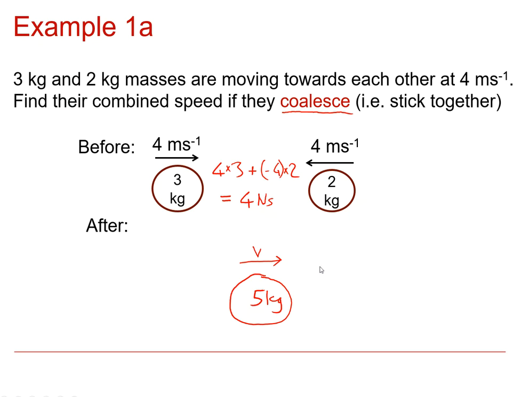So that final momentum is 5v, and that must be, by conservation of momentum, equal to the initial momentum. So 5v must equal 4, and so the final velocity v of this single object is 4 divided by 5, which is 0.8 meters per second.